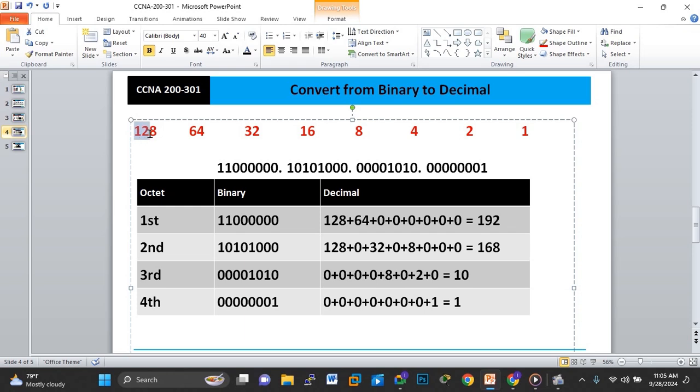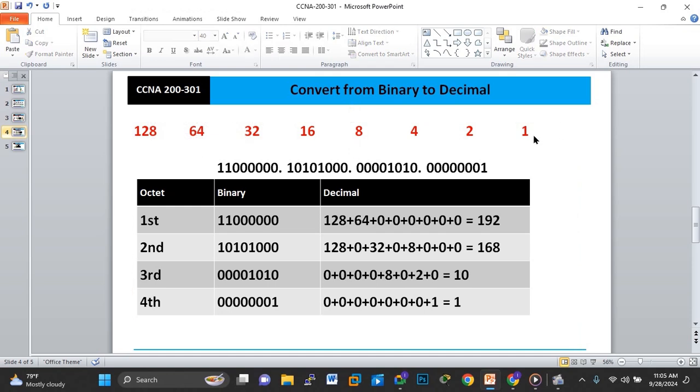Always, I advise you, please start from 128 to 1. So when placing it, don't start placing it from here, you place it from here to 1. So if we take this one, you place it under the 128, 0 under this 64, 1 under this 32, this 0 under 16, 1 under 8, and these 0 0 0 under here.